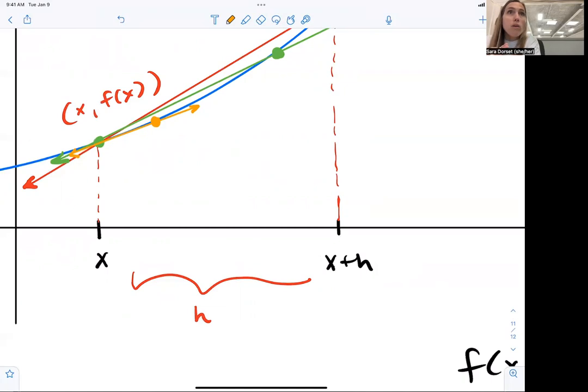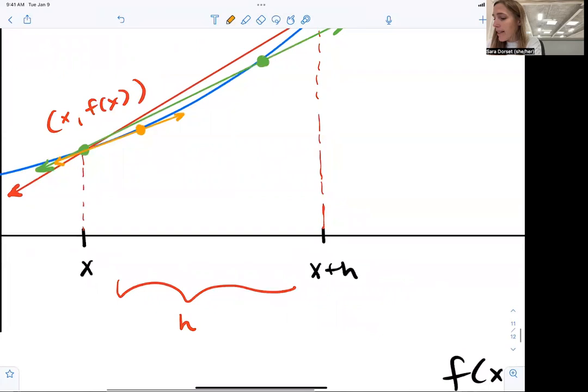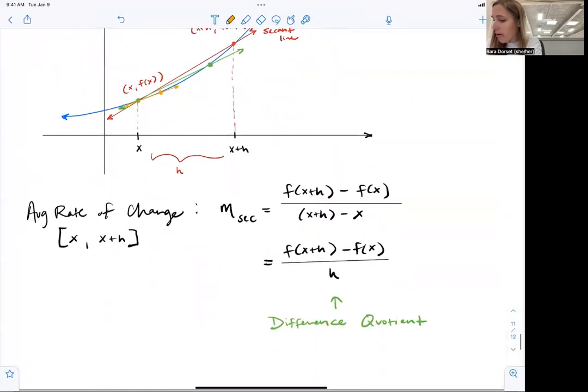Where you're like, oh, that seems like a limit. The idea of a limit, h approaching 0.